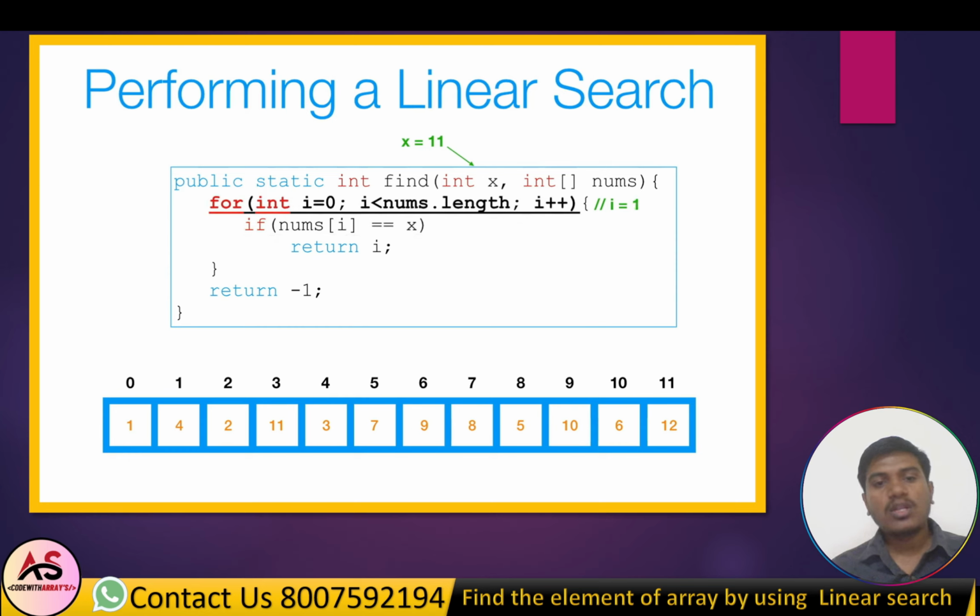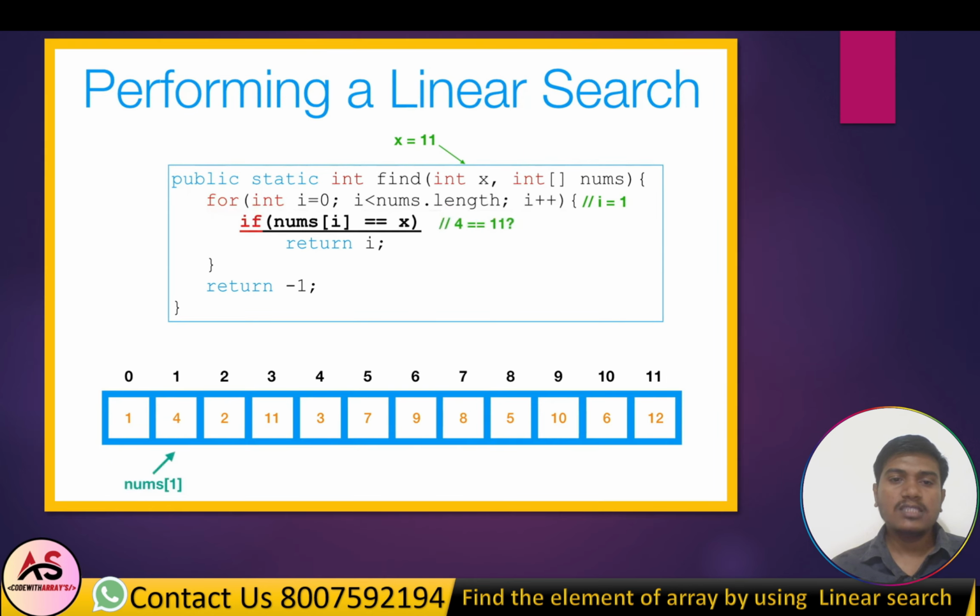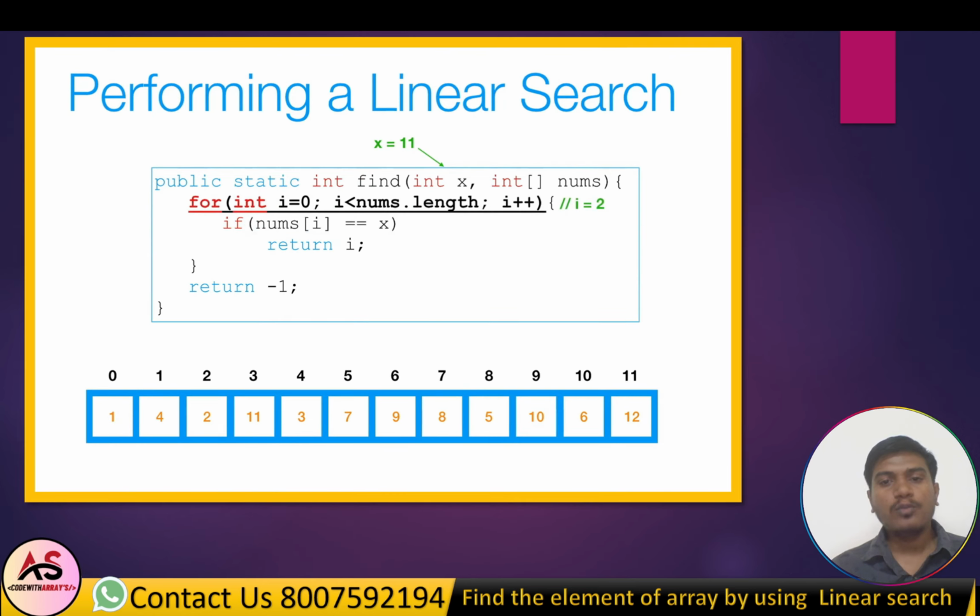So again we go to our for loop. Now our i value is 1, so we check again. Nums of 1 is 4, and 4 is equal to 11? No. So again we go to the for loop, and now our i value is 2.